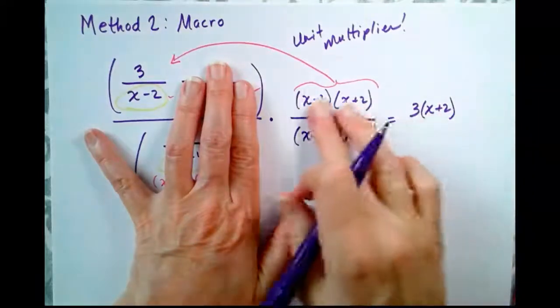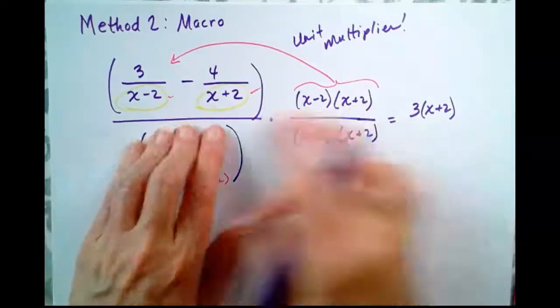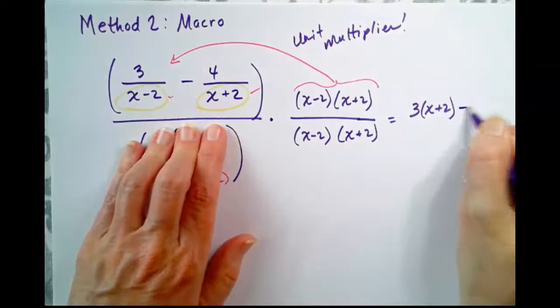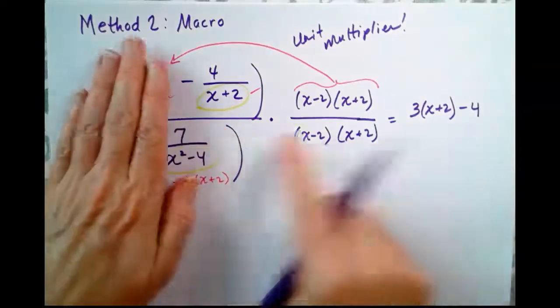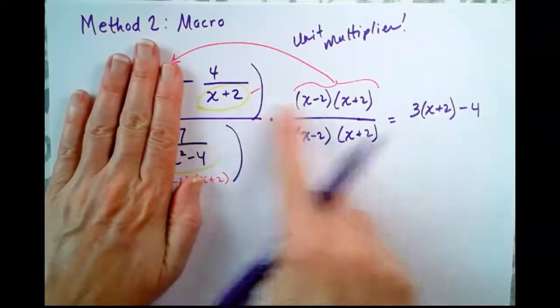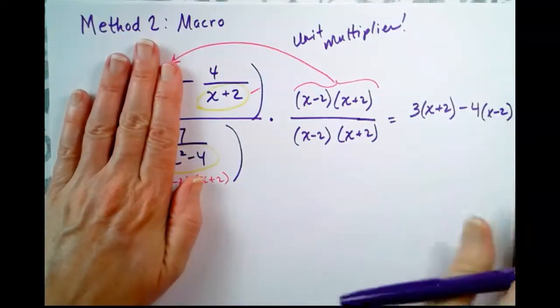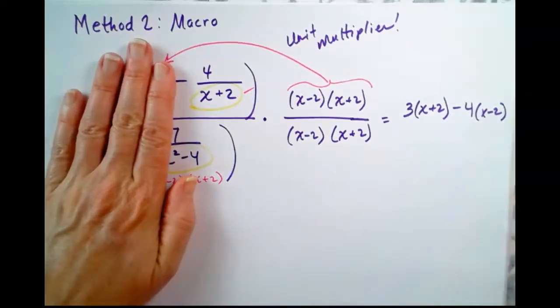Basically, multiplying by this common denominator is eliminating both of those fractions completely. Minus 4 times what? Well, x plus 2 is going to cancel with x plus 2 and leave 4 times x minus 2. 4 times x minus 2.